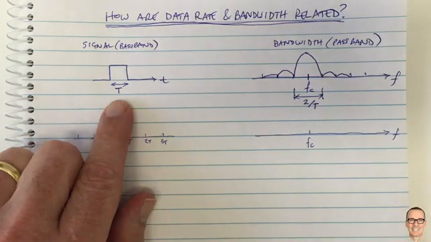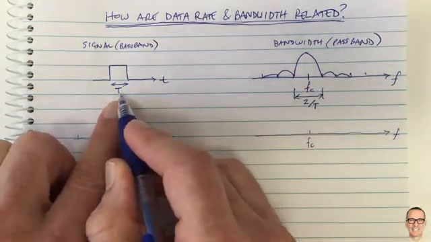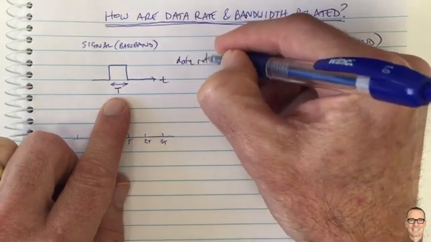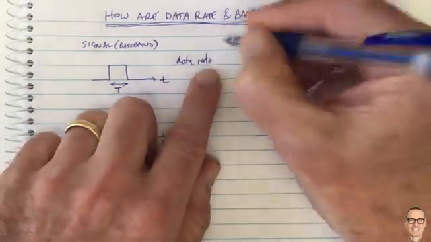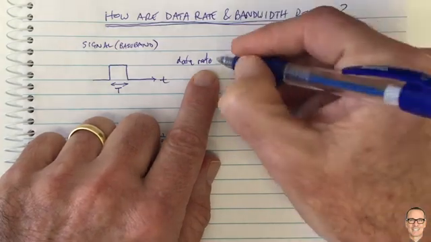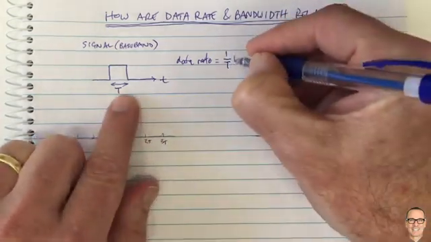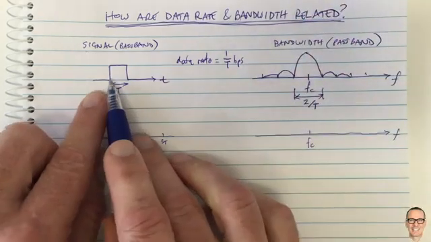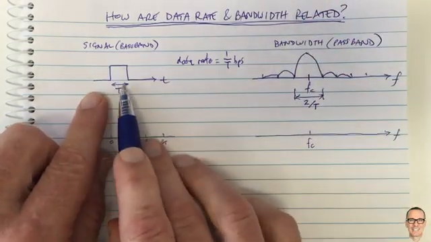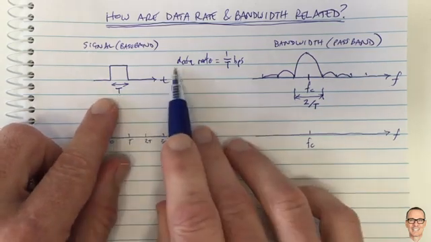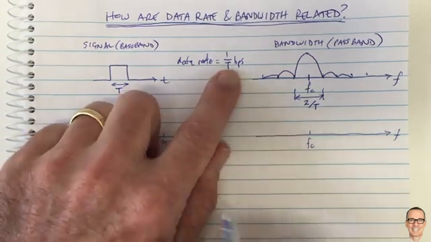This means a data rate. The data rate is the number of bits per second. So this equals 1 divided by capital T bits per second, because we are sending 1 bit, it's either on or off, that's 1 bit in the time of capital T. So the data rate is 1 on T bits per second.